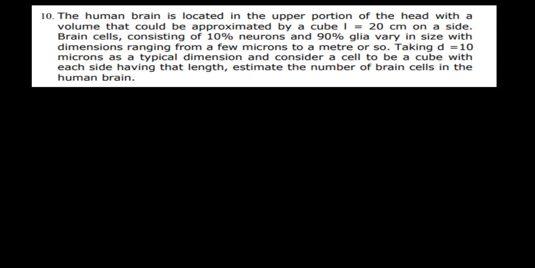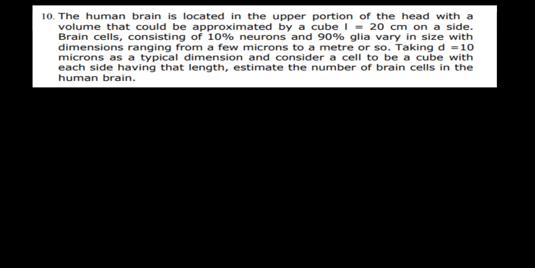Okay, let's solve question number 10. We are told that the human brain is located in the upper portion of the head, with a volume that can be approximated by a cube 20 centimeters on a side.